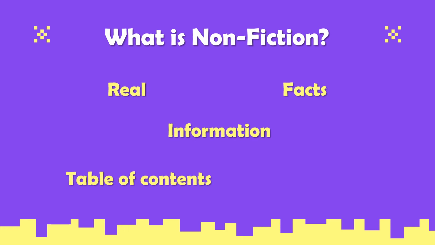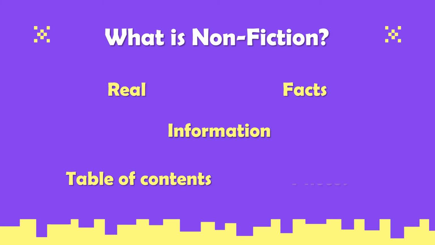Next is table of contents. A typical feature of nonfiction books is the table of contents. This part of a book outlines all the topics contained in a nonfiction book. It shows the topics and subtopics by chapter and helps the reader easily find the information from the book.